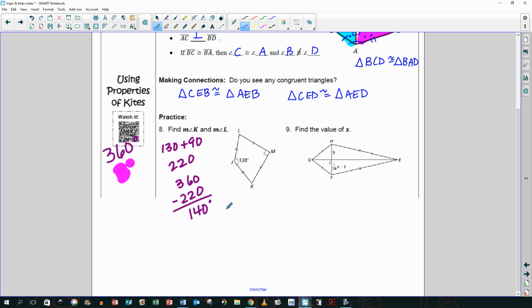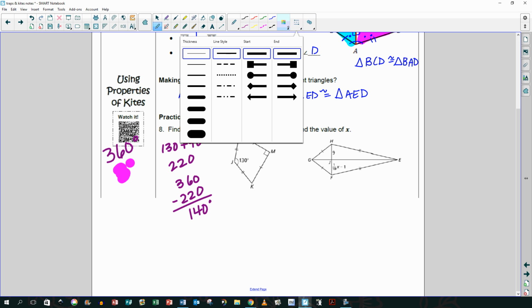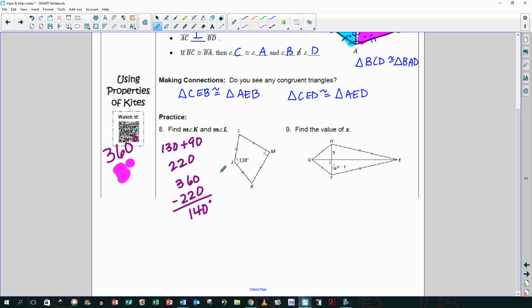Okay, but the only problem here is there's two missing angles. So how are we supposed to know how much goes to each angle? How much goes to L? How much goes to K? Why are we dividing by 2? Because if this side is equal to this side, then that means this is your diagonal.